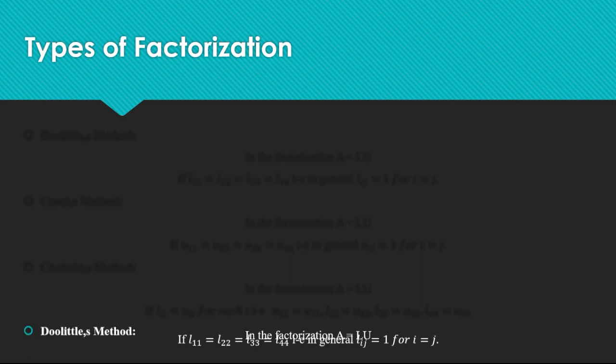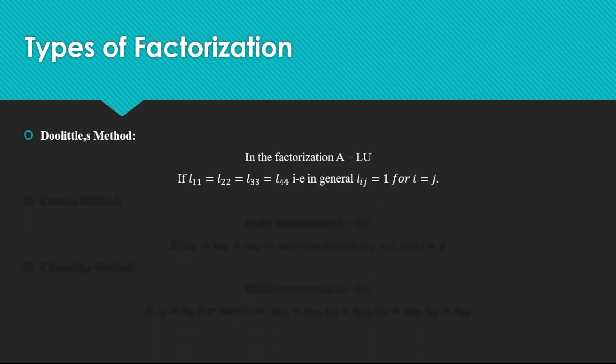We can decompose a matrix A by three different methods. There are many other methods, but in your course these three are included. The first is called Doolittle's method, in which all the entries on the main diagonal of the lower triangular matrix are 1, and all the other entries are variable.